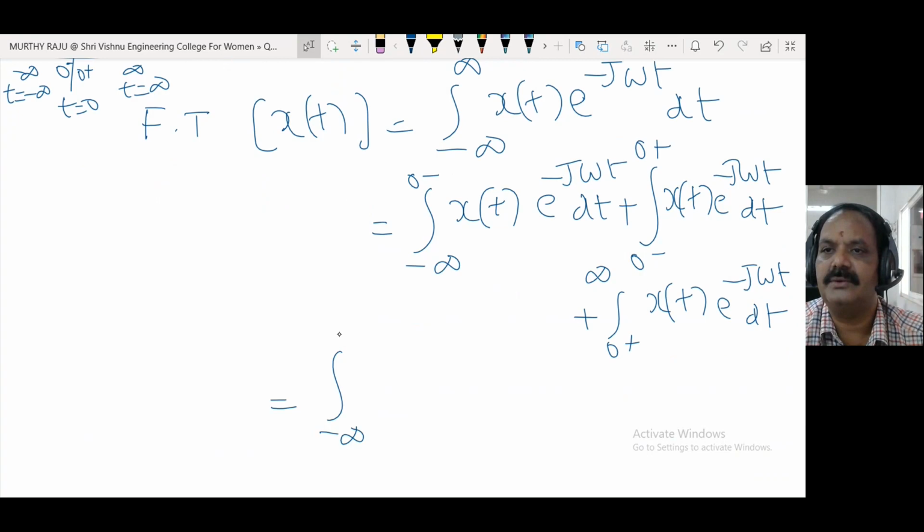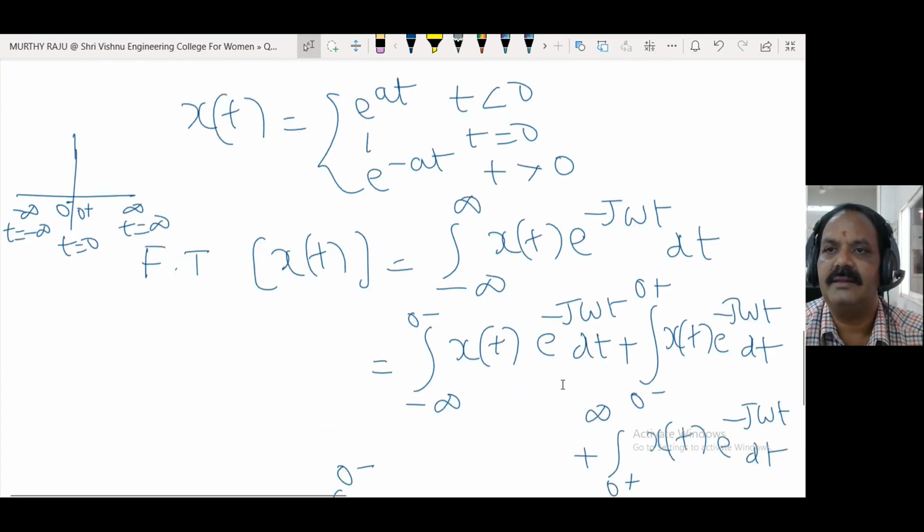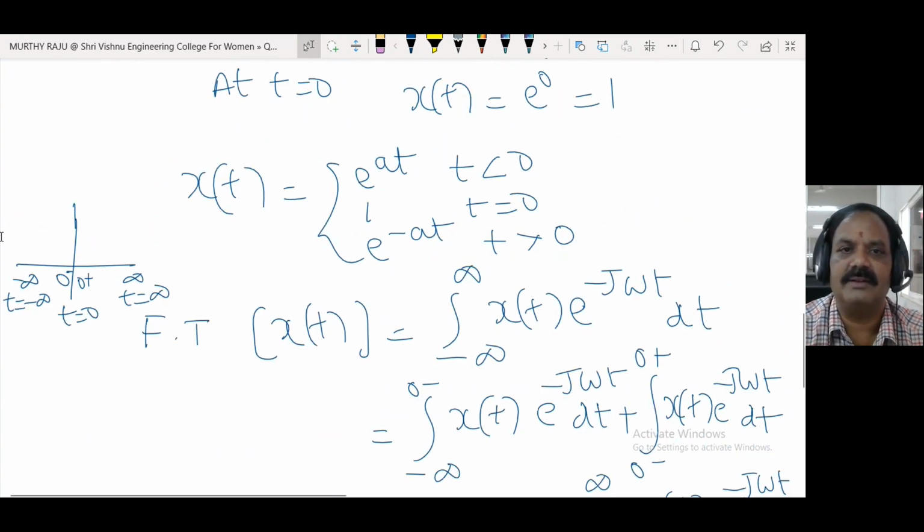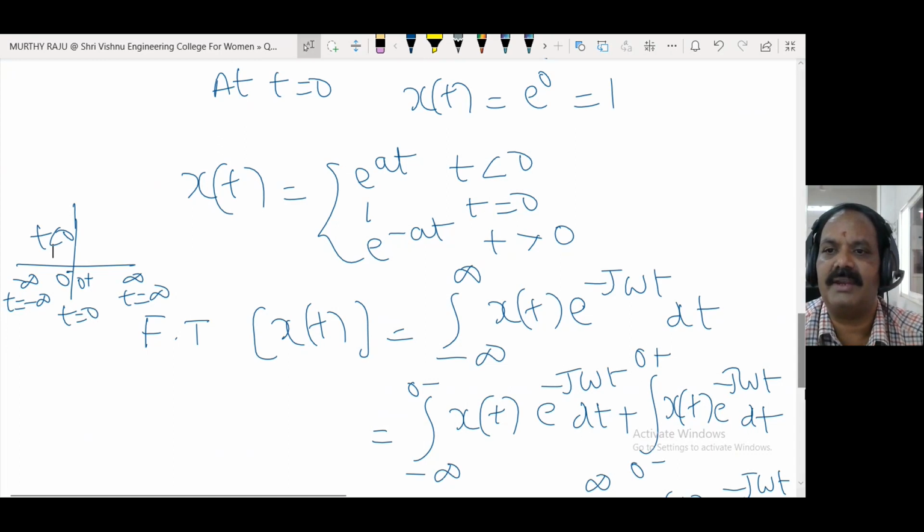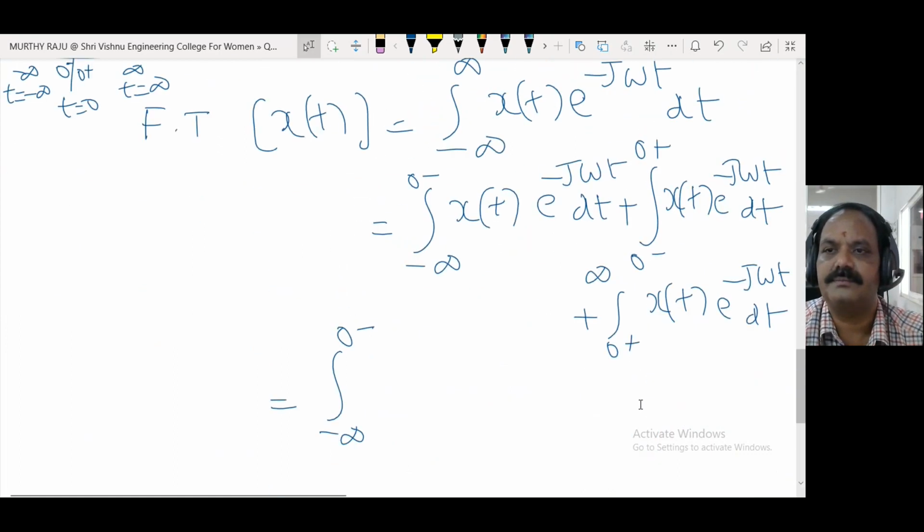From minus infinity to 0 minus, t is less than 0, the value of x of t is e power a t, times e power minus j omega t dt.